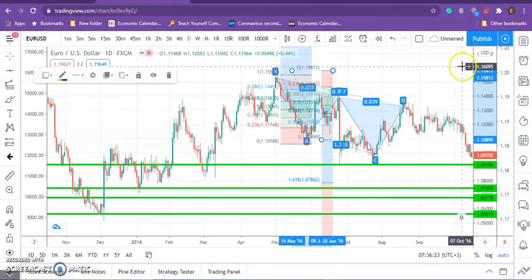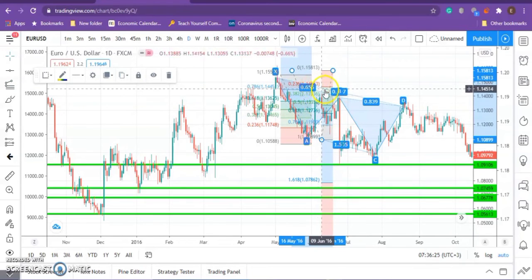Then we start from X to A all the way back to X. If you look at this graph, we expect the C to be below the A, below here, and you can see here it is 1.10, so we expect the C to be around 1.27 on this one and 127% on the normal Fibonacci retracement tool.